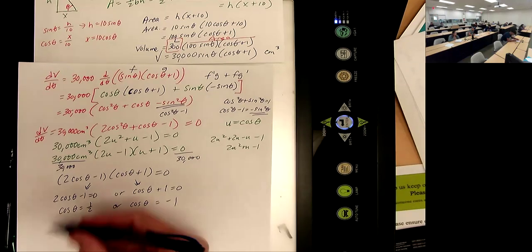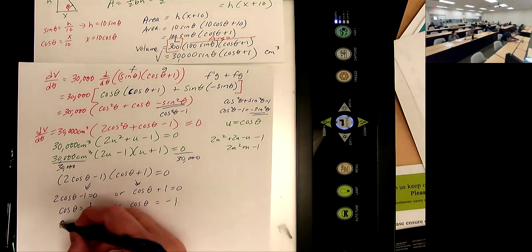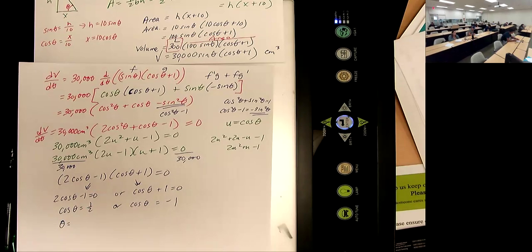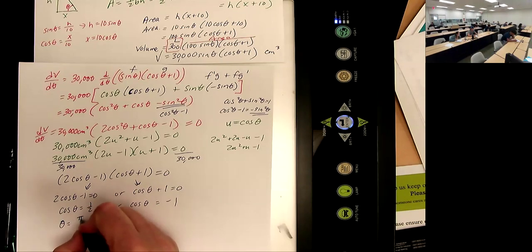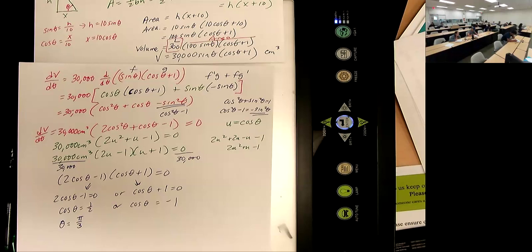So what does theta have to be to get cosine of 1/2? In radians, let's do radians. Pi over 3, yeah. That's 60 degrees. There's also another one.